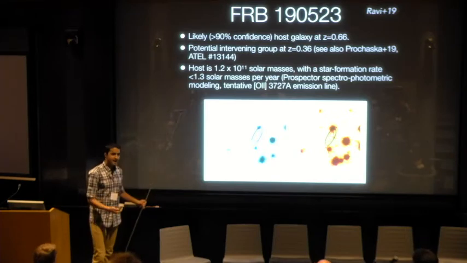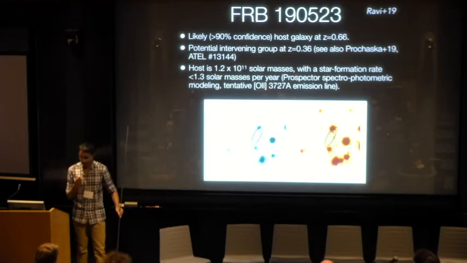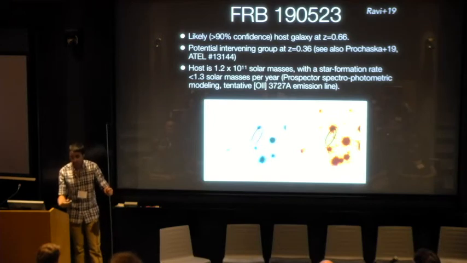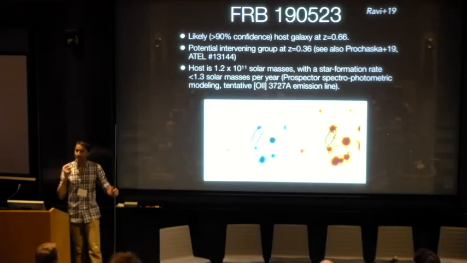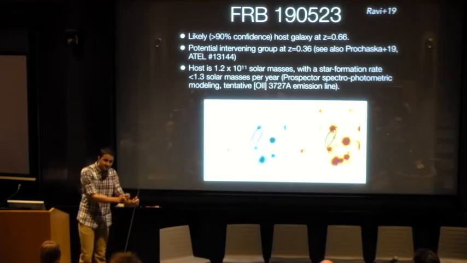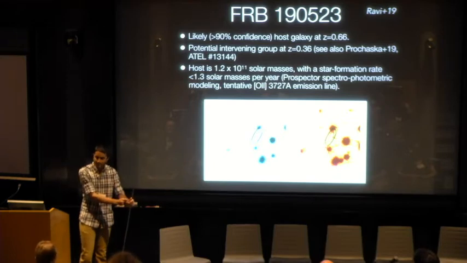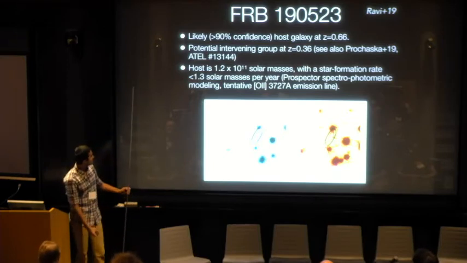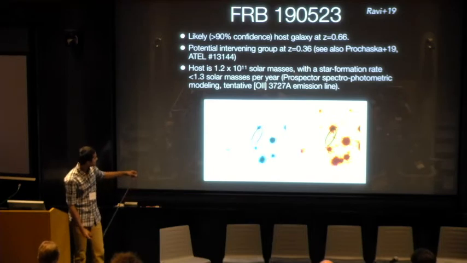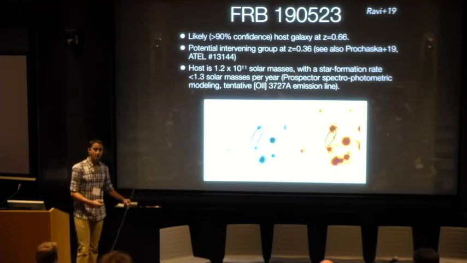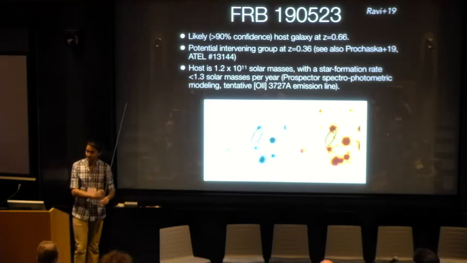And what we also found, which was rather exciting to us and also nicely consistent with some of the early ASKAP results, was that the galaxy was relatively massive, based on spectrophotometric modeling of the SED. Also, we were able to set an upper limit on the star formation rate of about 1.3 solar masses per year.